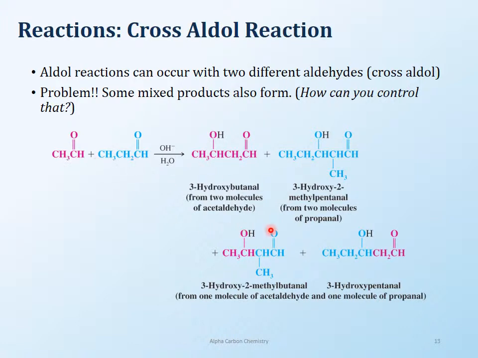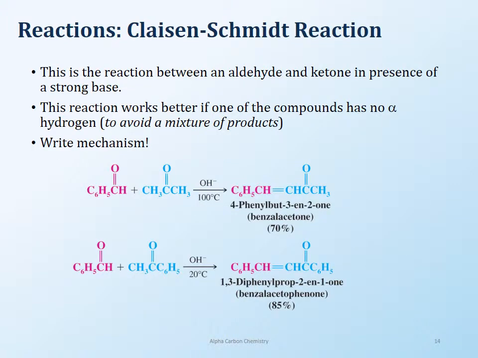But if you did want one acetaldehyde and one propanal molecule to react, say, to give you 3-hydroxy-2-methylbutanal, how do you control this reaction? Think about that. We will talk about it in class.